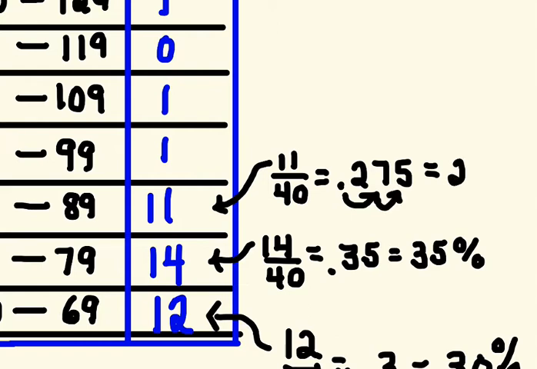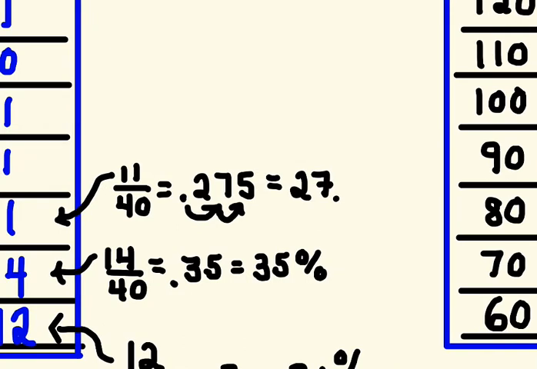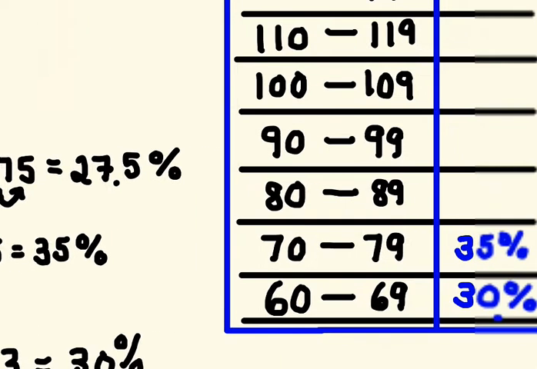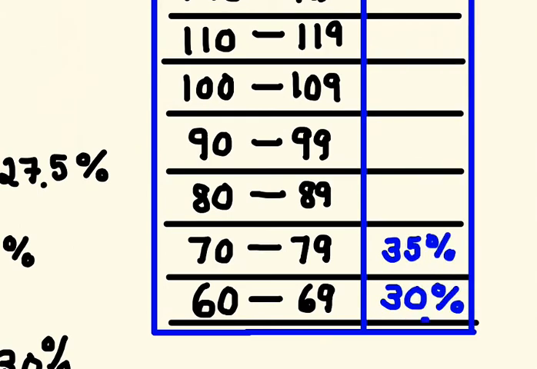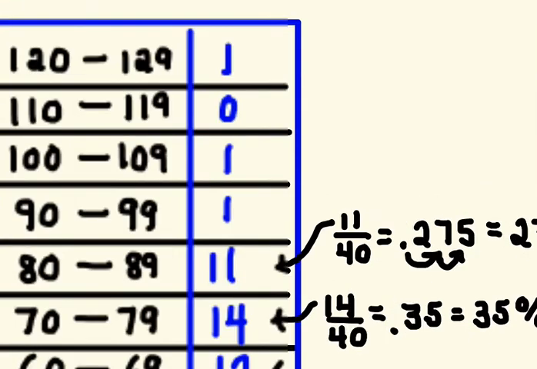So that's 27.5%. So that's class 3. So I'm moving over to class 3 and putting in 27.5%.